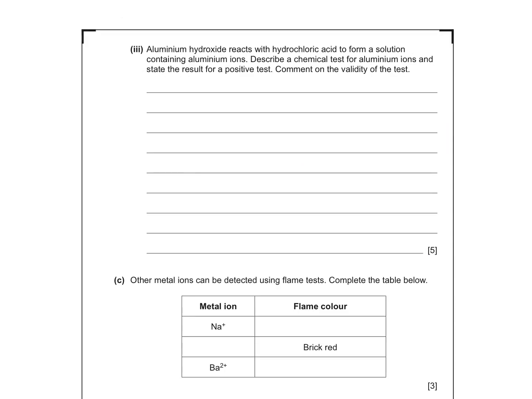Part 3, then, we're going to have to do a chemical analysis or qualitative test to identify aluminium ions. Well, we could use sodium hydroxide solution. And again, it's important to put in the word solution.